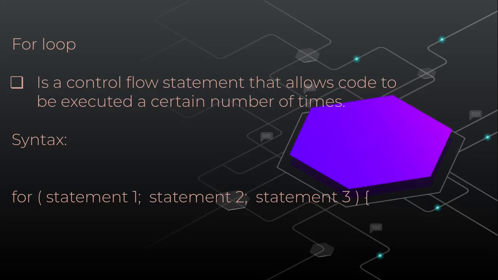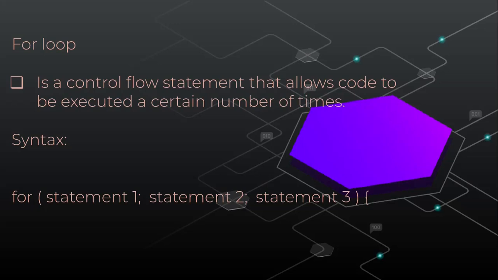So what does this mean? That means that that variable is only valid or visible, or it only exists, or it has been declared within this for loop only. Outside this for loop, you cannot use the variable, right? And then we go to the second statement, which is a condition.